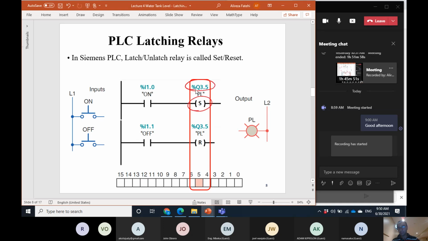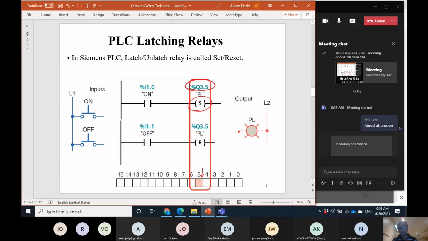So for a variable like Q3.5, let me remind you that this output variable is connected to some bit memory in the output image, and when this bit memory becomes 1, the voltage becomes 24 volt and the pilot light, for example, turns on.